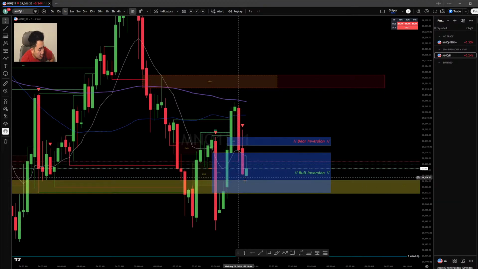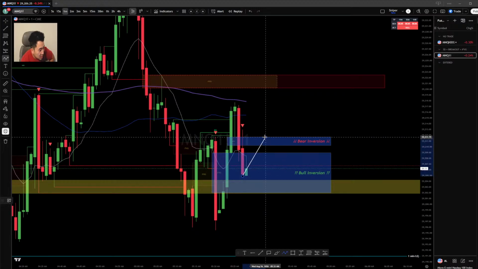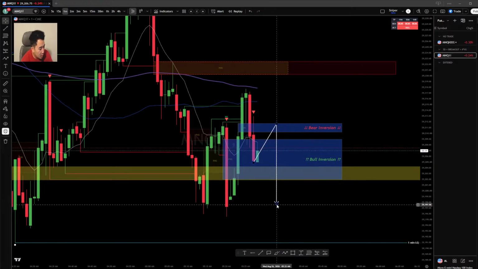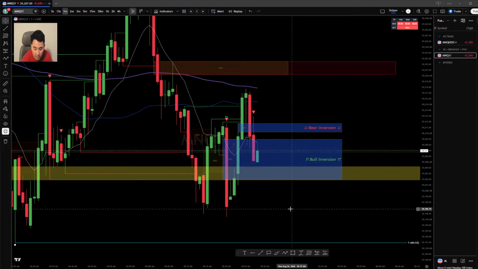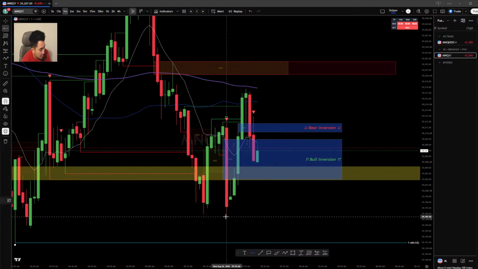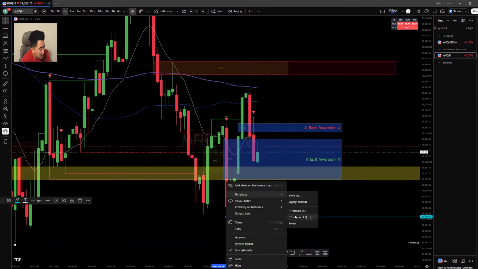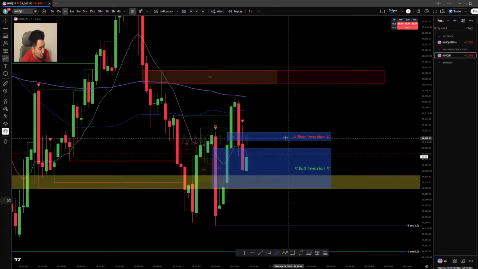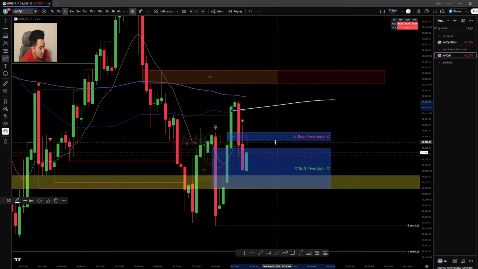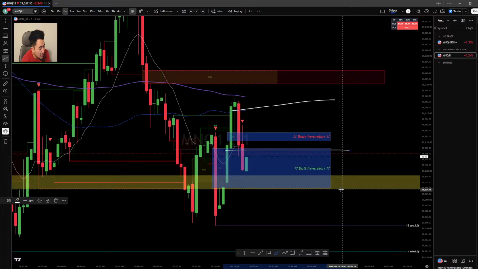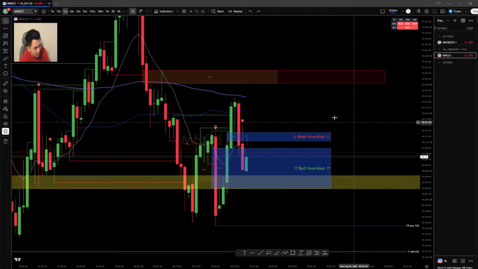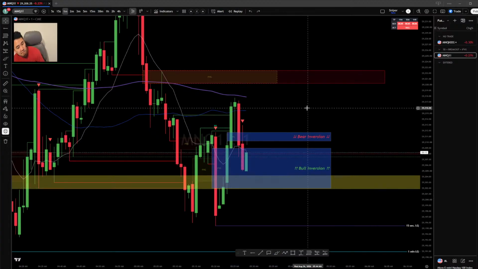If we could get a little bit more of a pullback into this bearish inversion and then continue downwards, then I would possibly look for a trade right there. Just because my EMAs, 50 SMA, 13 EMA, are telling me we're looking for short positions.